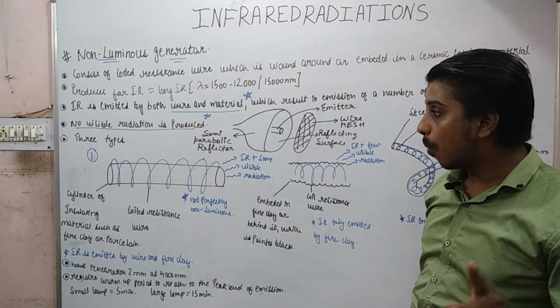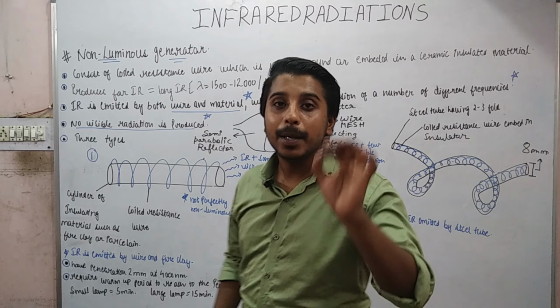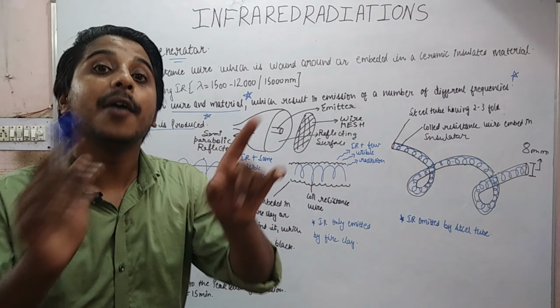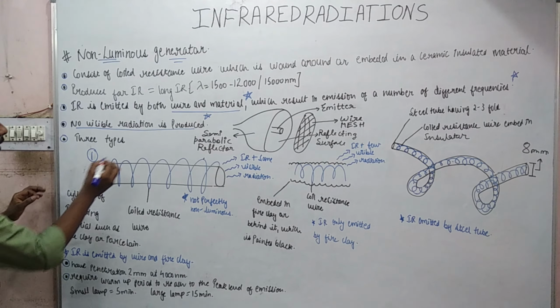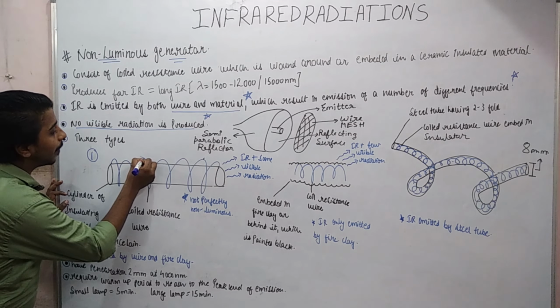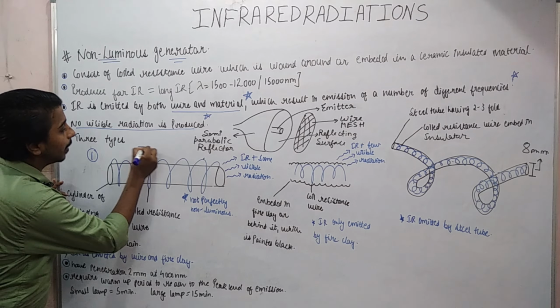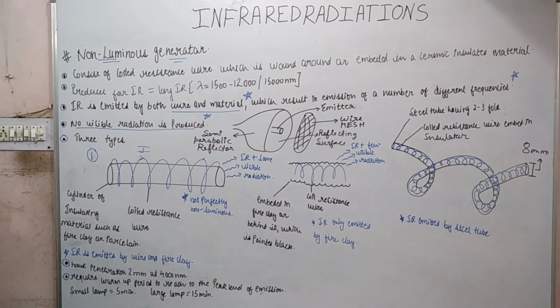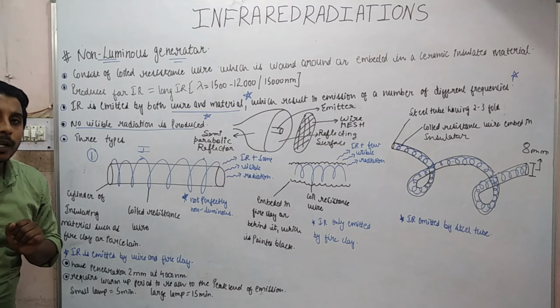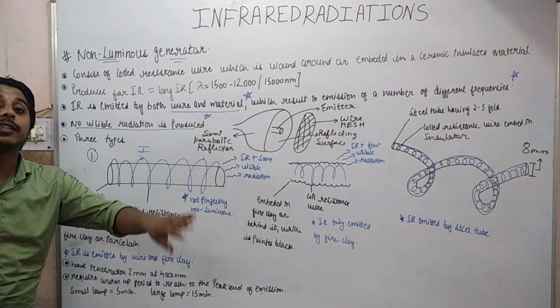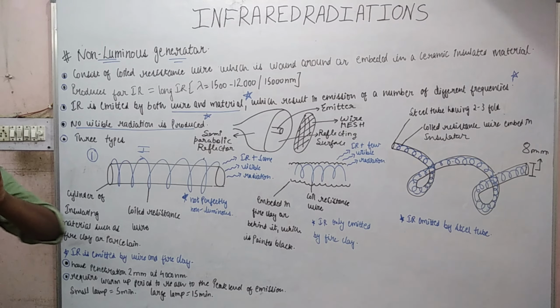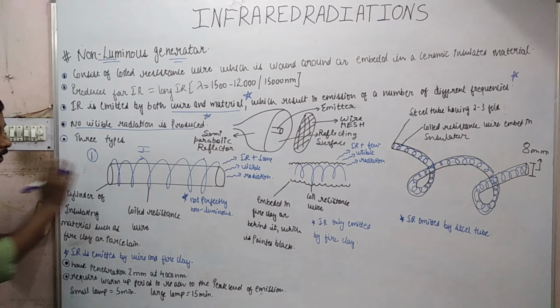Simple. Now when current is passed through the wire, this is the current I passing through the wire. The wire will be heated according to Joule's law: H is equal to I squared RT, or Q is equal to I squared RT.